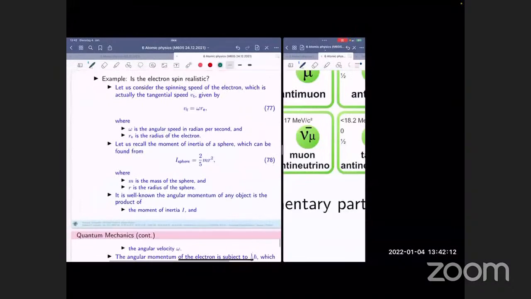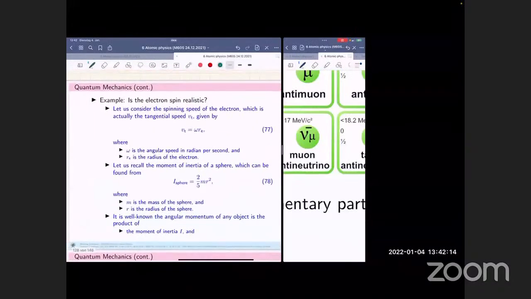The question is, is the electron spin realistic? Is that true? Is that correct? Okay, and that's the question here. Let's consider the spinning speed of the electron.